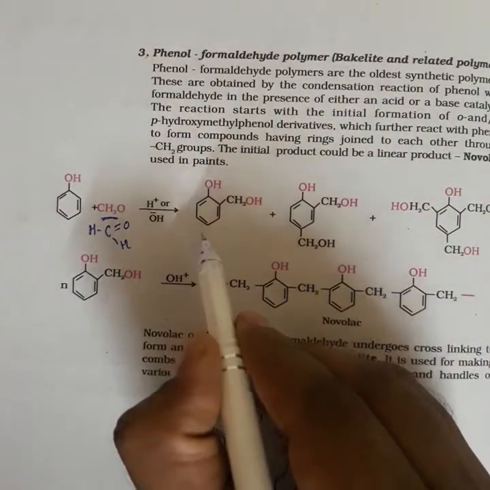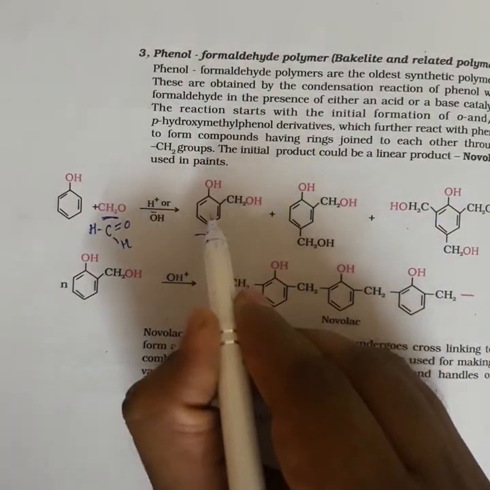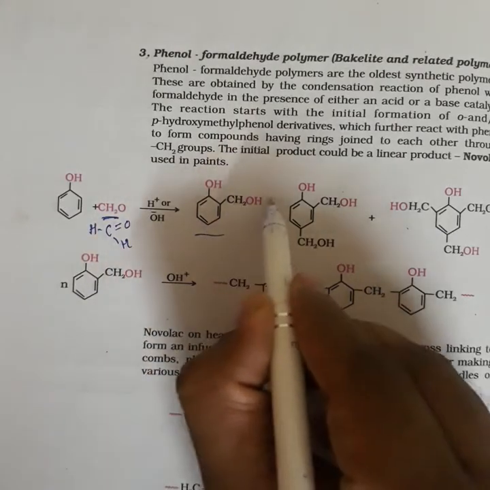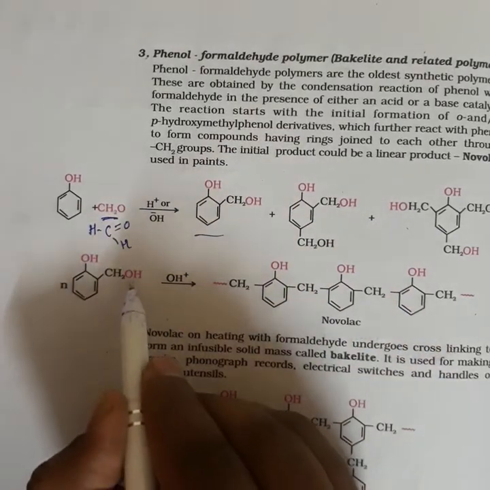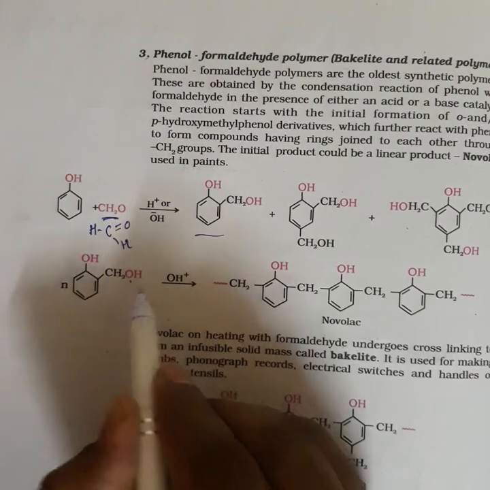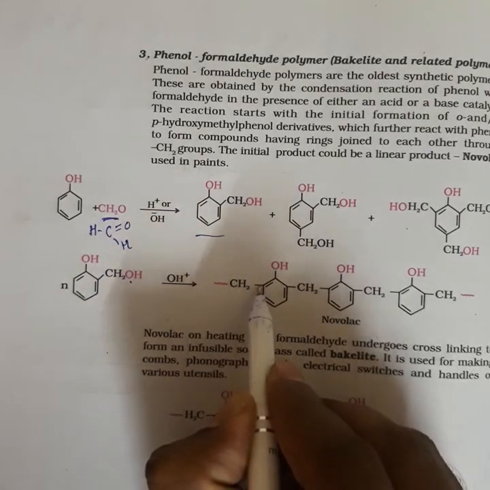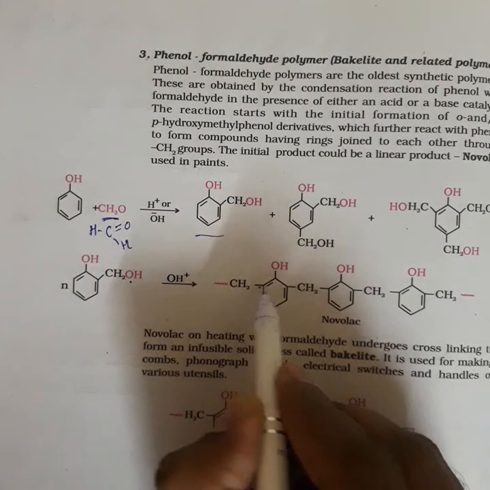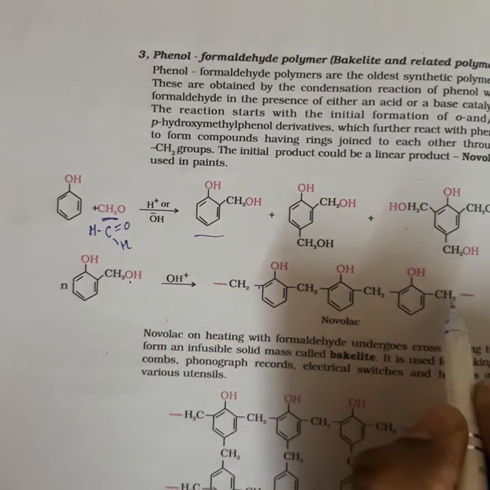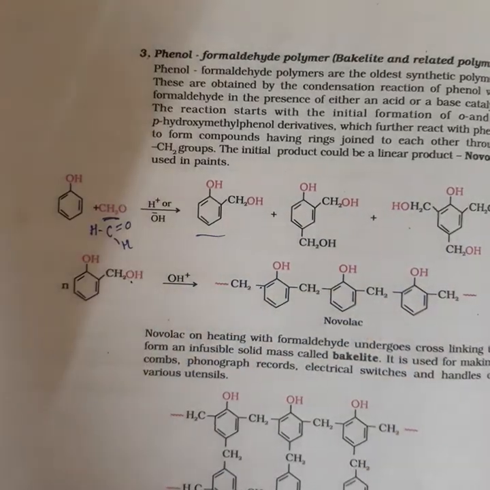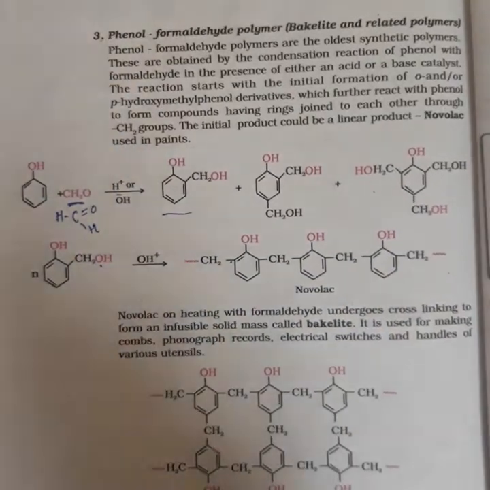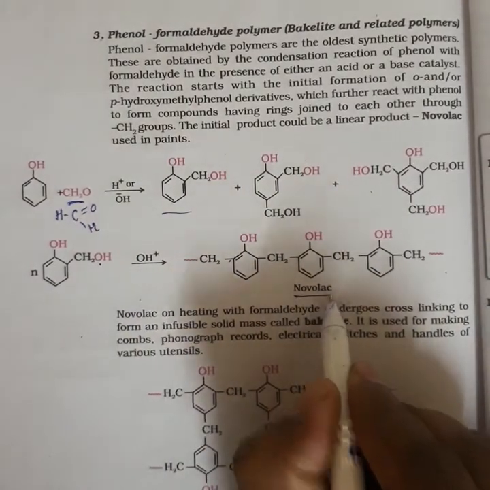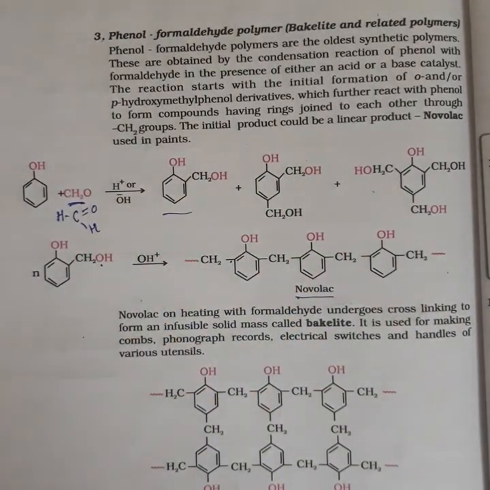Among these, if 2-hydroxymethyl phenol undergoes the polymerization reaction, they are linearly connected with each other. OH group from the methyl alcohol group and hydrogen from the adjacent phenol undergo the polymerization reaction and they are linearly connected. This linear connection results in the formation of Novolac.